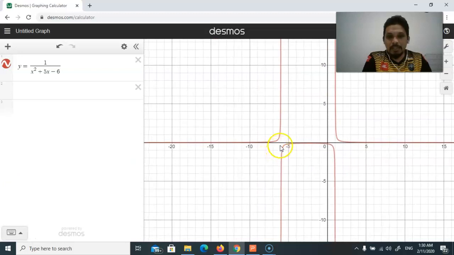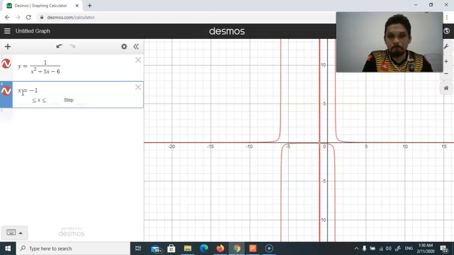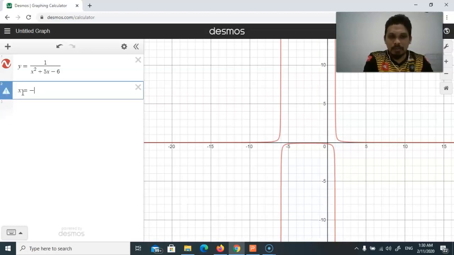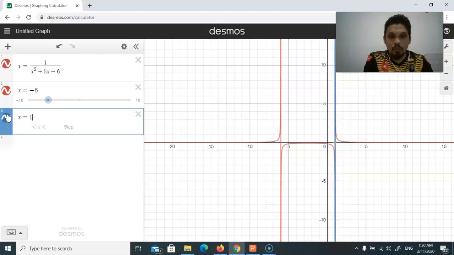You can see here, if I add this up, x equals negative 6, and also here x equals 1.